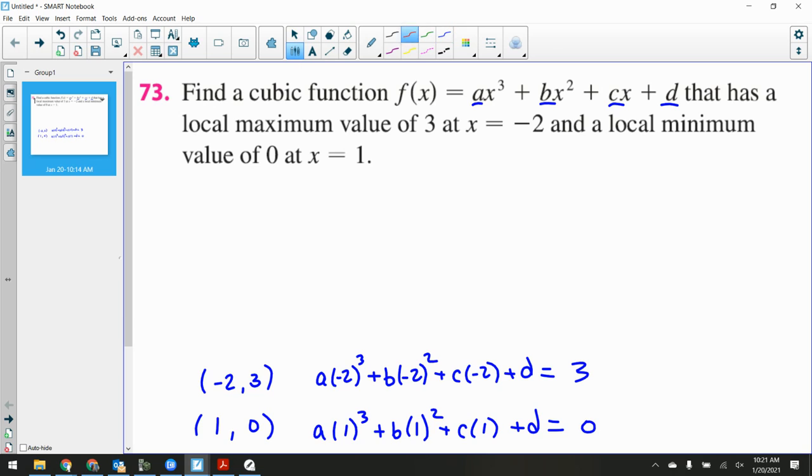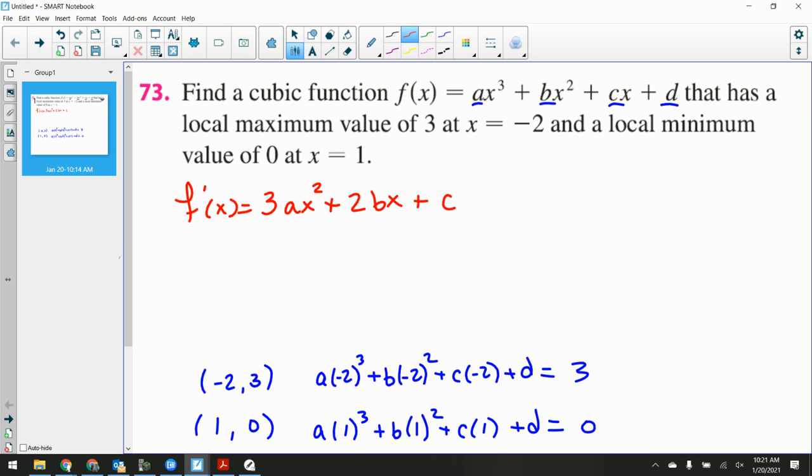So I know that f prime of x, which is 3ax squared plus 2bx plus c. All I did was just take the derivative, right? 3ax squared plus 2bx plus c.